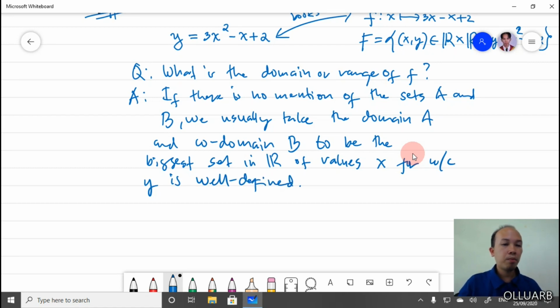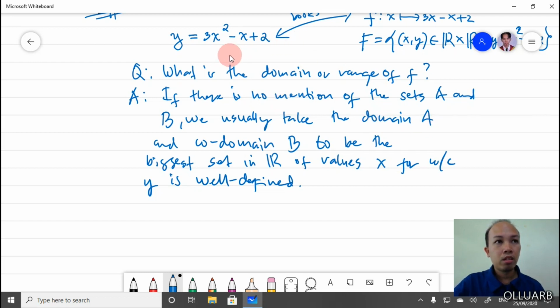Meaning to say, as I've explained before, this equation has a meaning if you replace the variable x with a number. Okay, there's no other meaning if you use other objects or elements of the set of the domain.